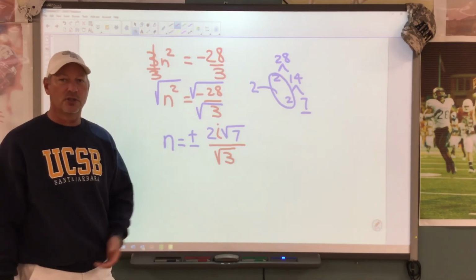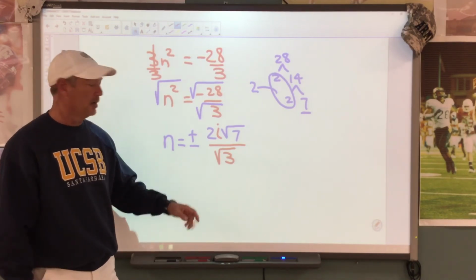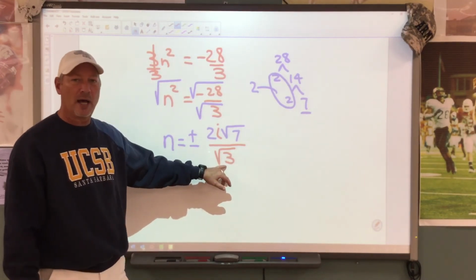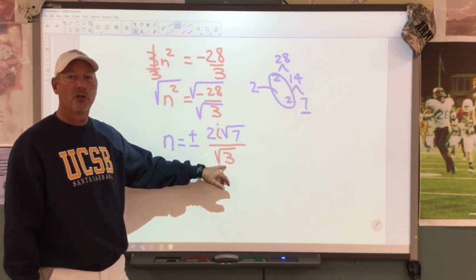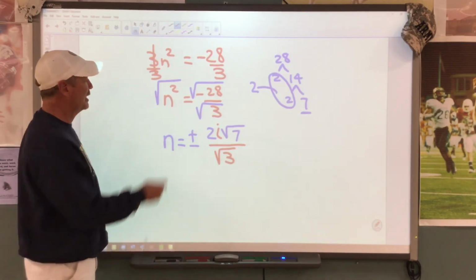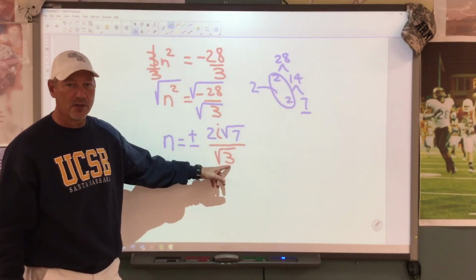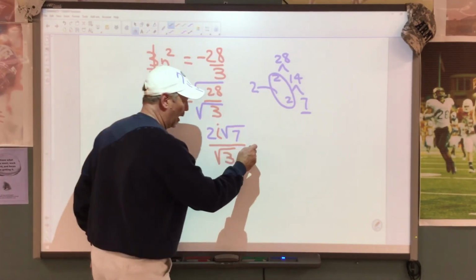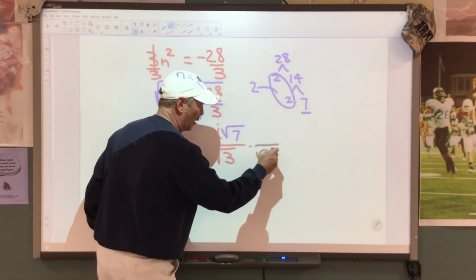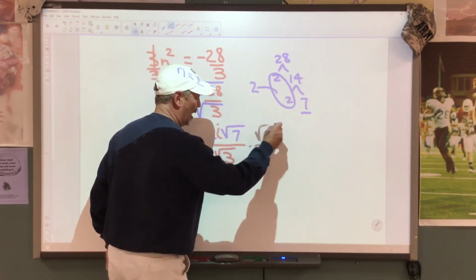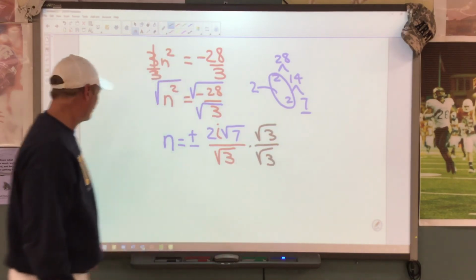Now here's the question. We just talked about it, but are we allowed to leave a radical in the denominator? No, we're not. But the thing is, how do we get rid of this radical? To get rid of a radical in the denominator, we multiply the bottom times the square root of 3, the top times the square root of 3.